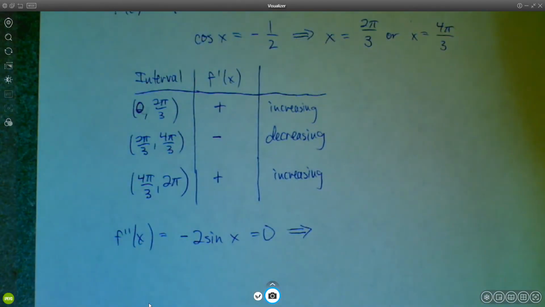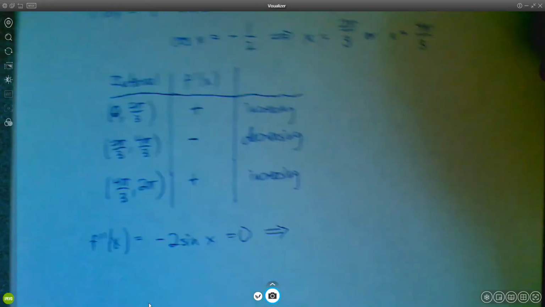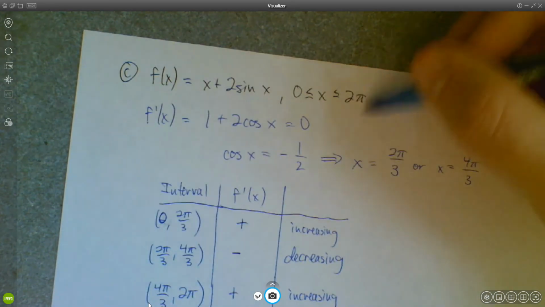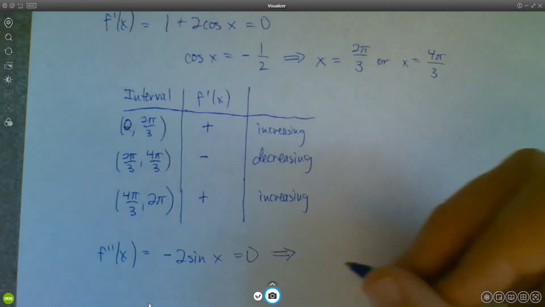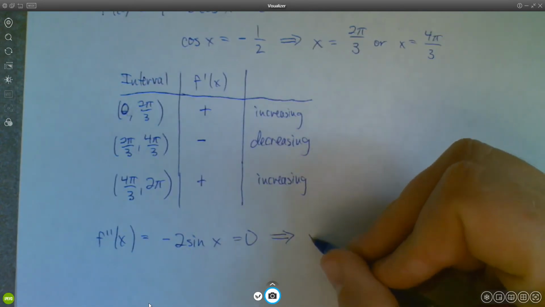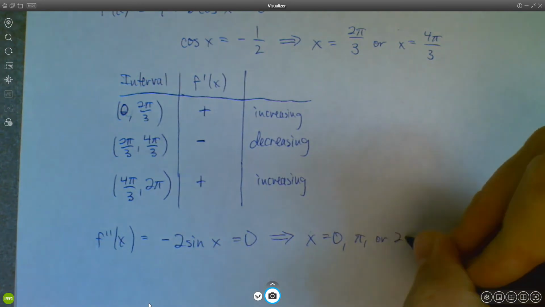Well, I know that sine is 0 at 0 radians and at pi radians. If I'm restricting my attention between 0 and 2 pi, those are the only, well, if I include 2 pi, then 2 pi also would be a solution. But anyway, this implies that x equals 0, pi, or 2 pi.